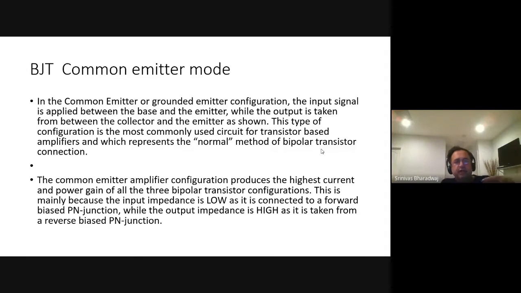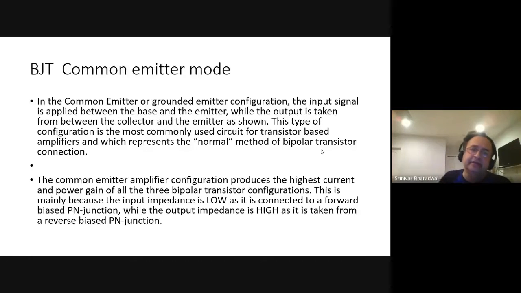When you connect a PN junction in forward bias, the impedance will be low. We already looked at that; we spent a lot of time looking at the diode. So now an increment in the current will lead to an increment in the voltage signal VBE, the base emitter voltage. That incremental voltage will get amplified in the collector current.